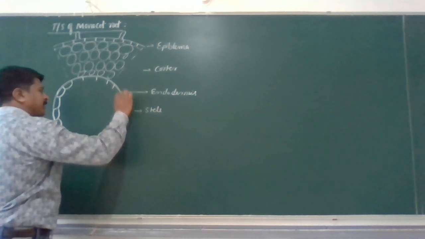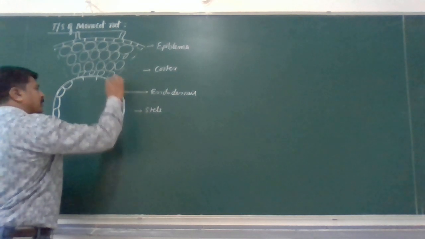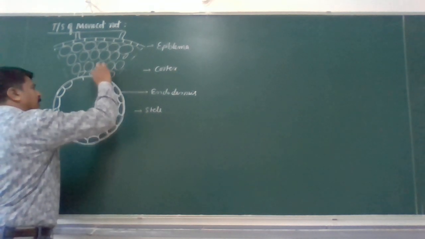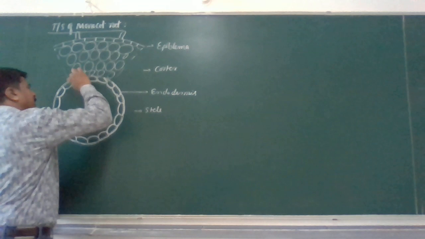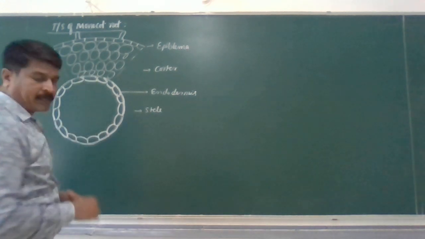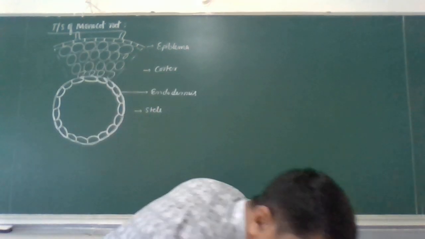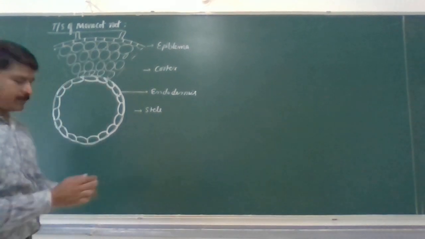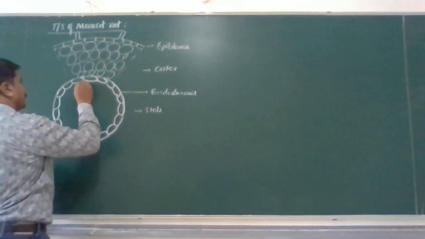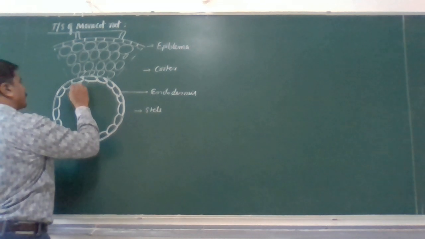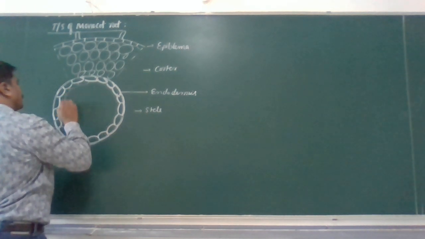As we discussed in the dicot root, such thickenings are called Casparian strips or Casparian bands or Casparian thickenings. That you should keep in mind. Exactly similar to the dicot root. No difference at all.